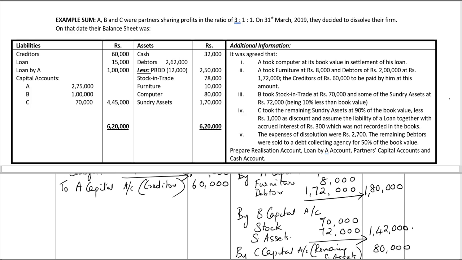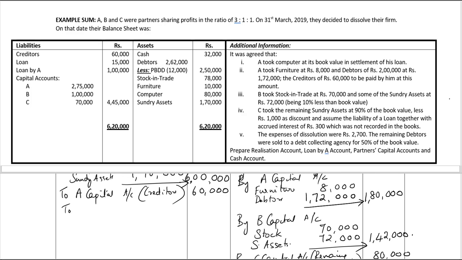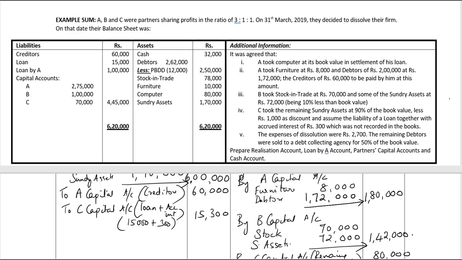And it's also given that C takes responsibility of discharge of loan plus the accrued interest. So the amount of the loan is given as 15,000 rupees plus the accrued interest of 300, 15,300. Liability taken over by partner C.